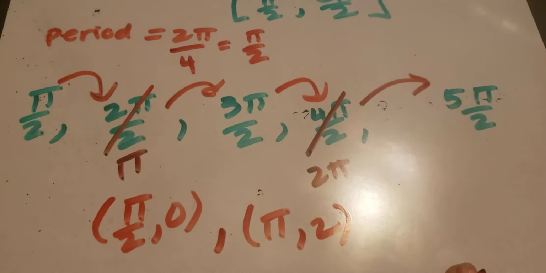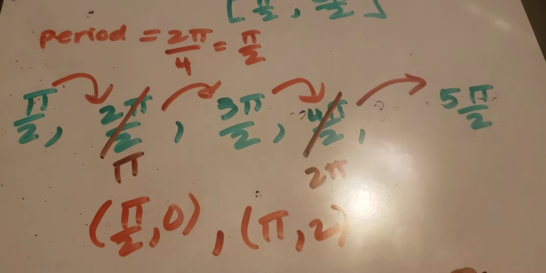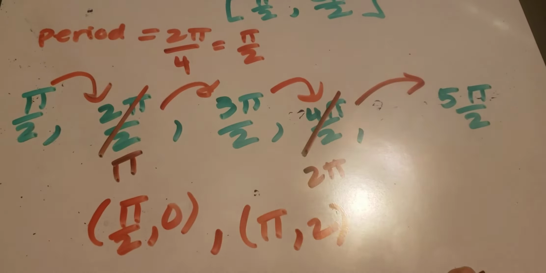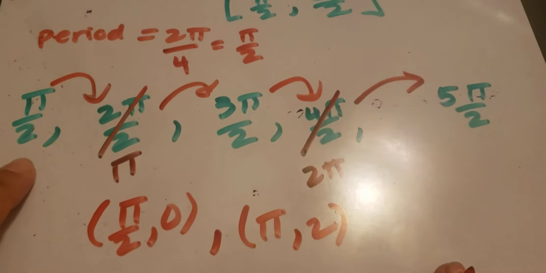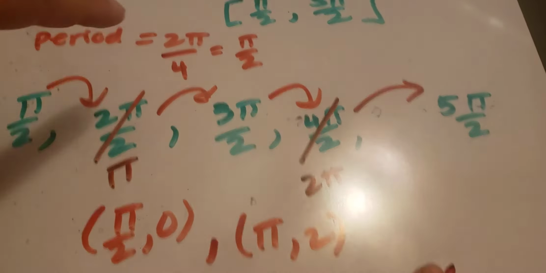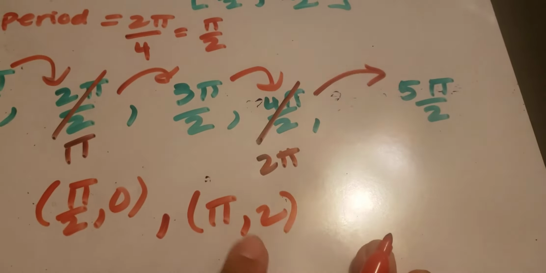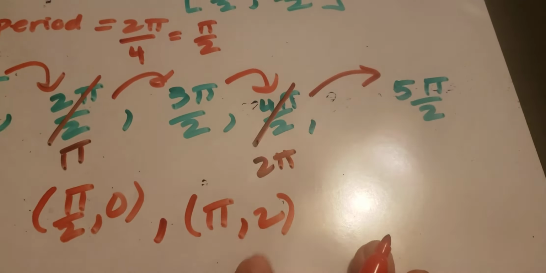And if you're wondering, how did I get 2? Remember that our first point started at 0, 0. But then our next point is 0, 1, but then our amplitude is 2, so we're basically multiplying it by 2. So that's how we get pi and 2.